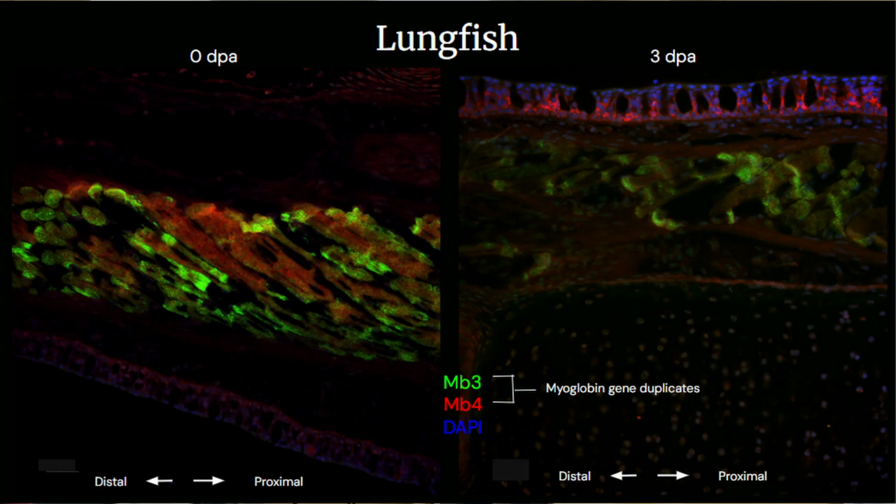And you can see at 0 DPA, they're both expressed in the muscle. MB4 is expressed in the skin as well, but they're each expressed in areas of the muscle that the other is not, which I found interesting, that there's some sort of specialization going on here that is different from the last HCR I showed you, where it's a different kind of specialization.